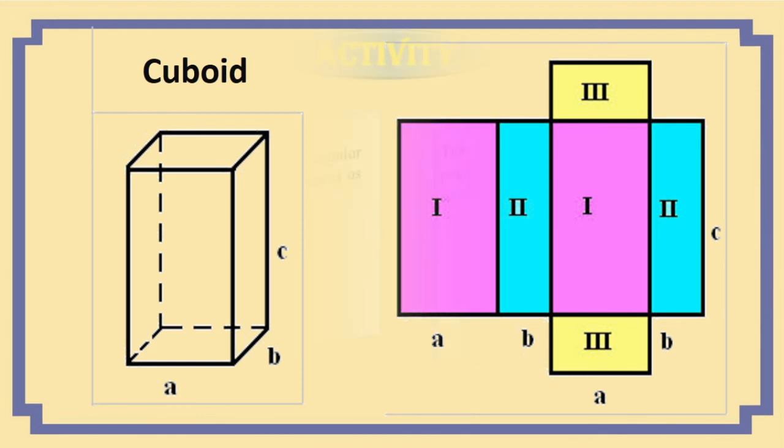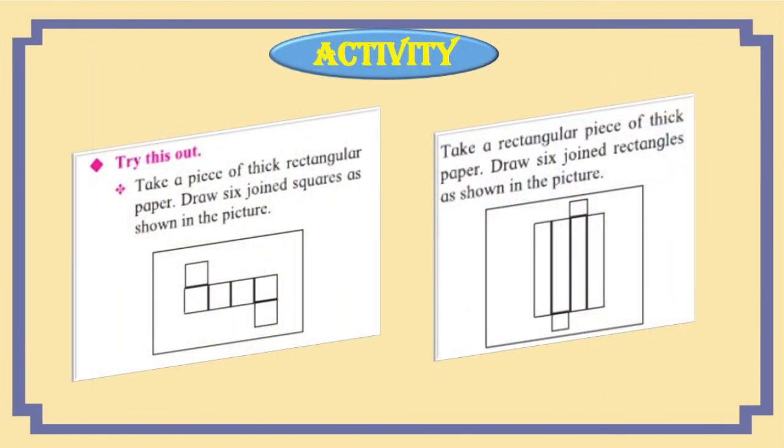Yes, I am going to give you one activity. See, dear children, what you have to do? Take a piece of thick rectangular paper, draw 6 joined squares as shown in the figure. See, here figure is shown. You have to take a thick paper.